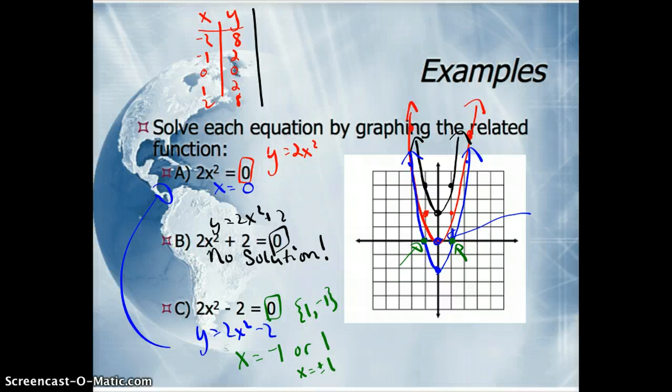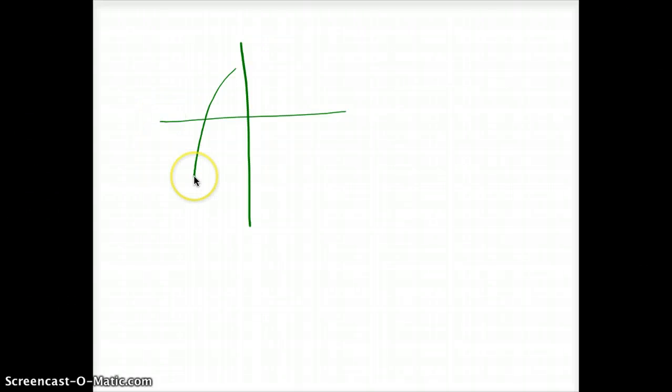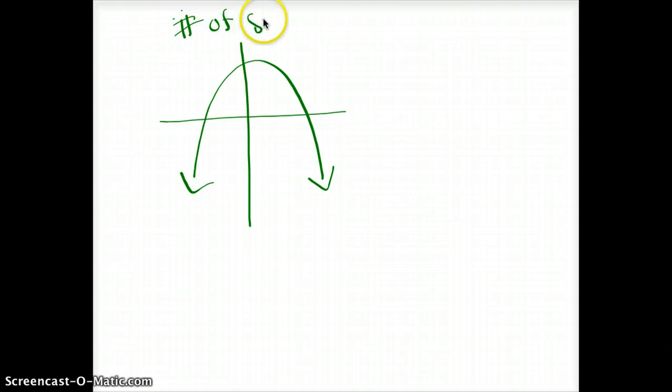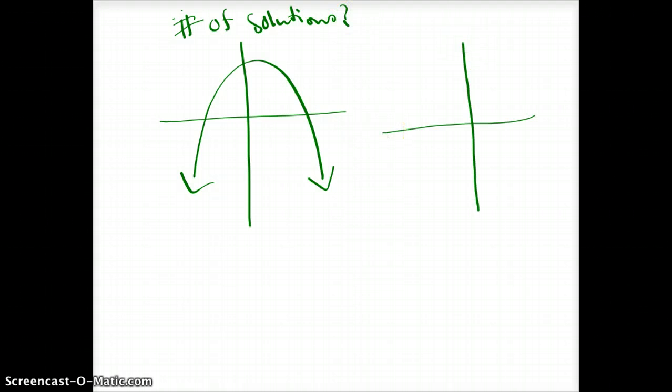So I want you to kind of think about this. Let me make a new page. If I have a graph and it looks like this, how many solutions does it have? If it looks like this, how many solutions does it have?